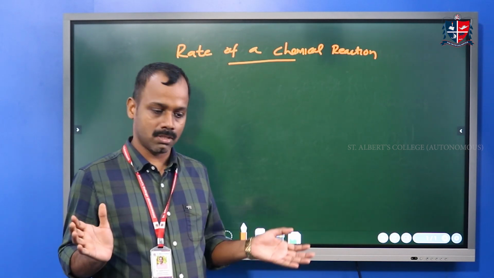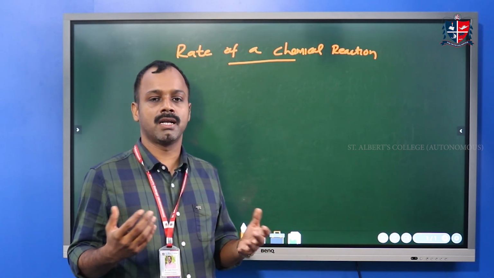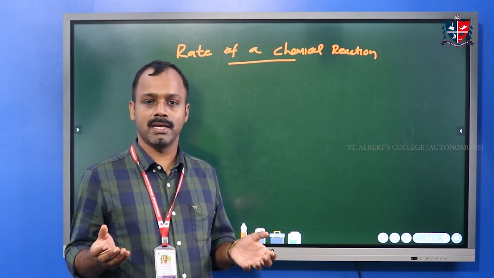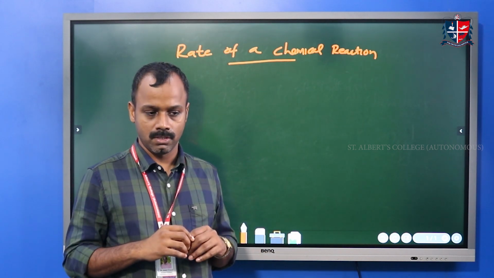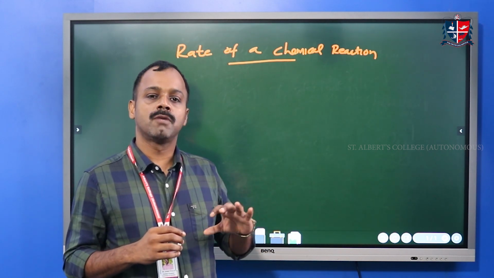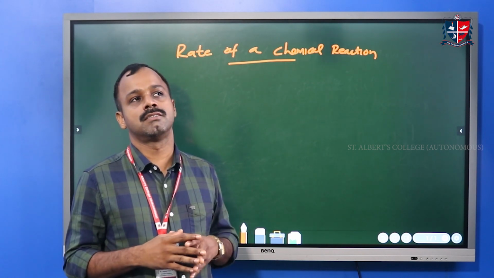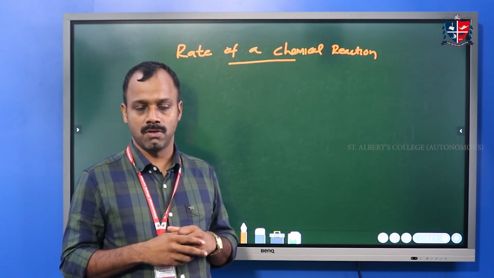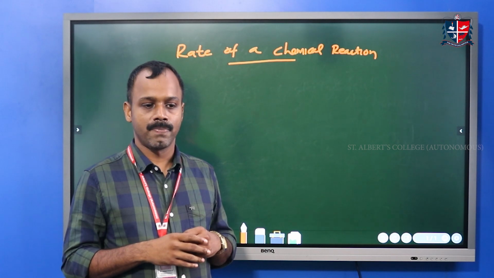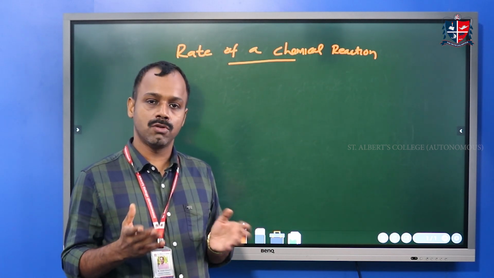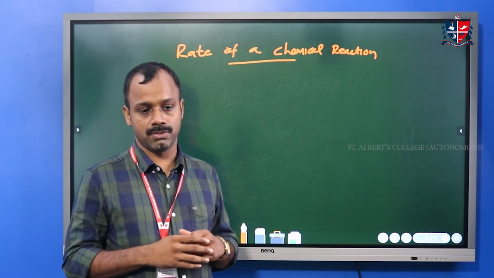If you look around, there are so many chemical reactions taking place in our daily life. Some of them take place very rapidly, and some other reactions are very slow processes. For example, rusting of iron is a very slow process. It takes so many years.